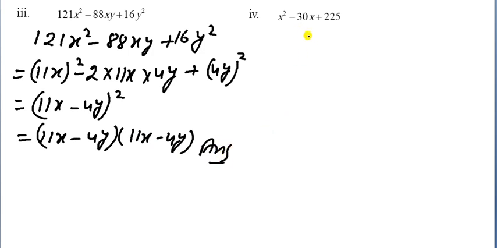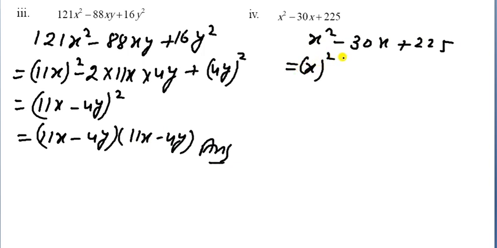Let us see this question, it is x square minus 30x plus 225, that means 225. So let us see the identity which is used. It is a square minus 2ab plus b square, that is (a minus b) whole square. So let us see, 2 into x into 15, 15 twos are 30.